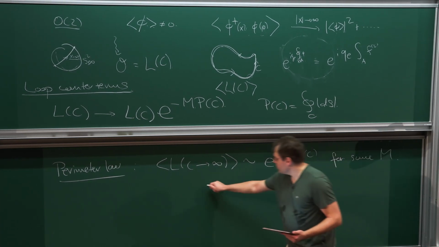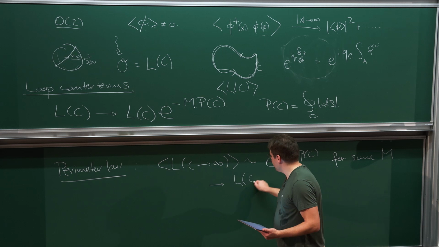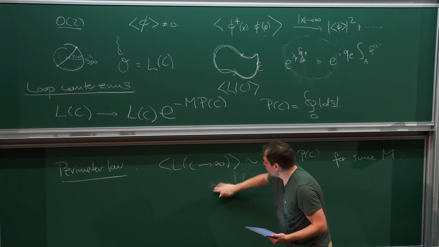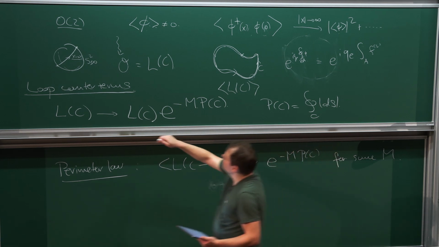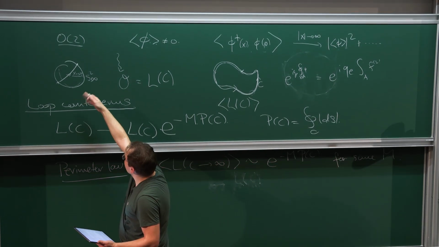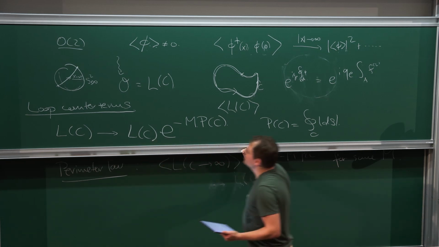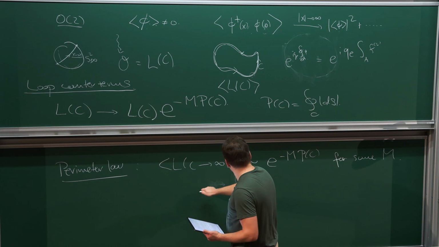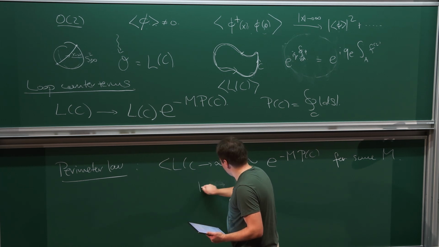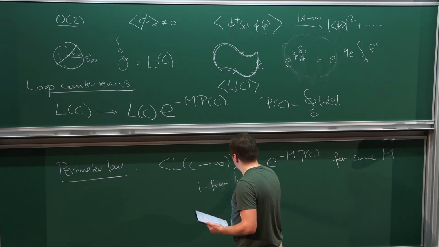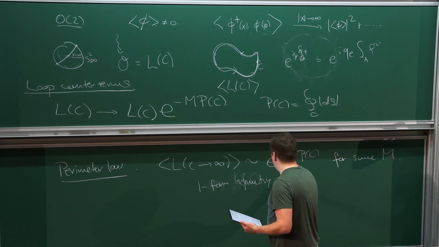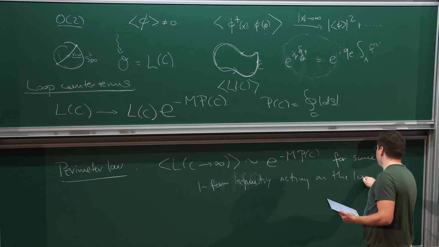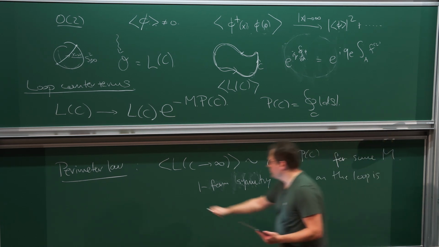So we say that the clustered operator has a non-zero VEV, and in this case, in particular, we say that the one-form symmetry acting on the loop is spontaneously broken.